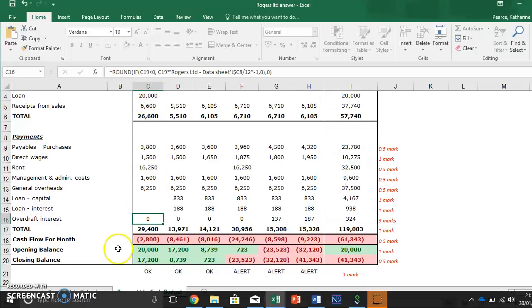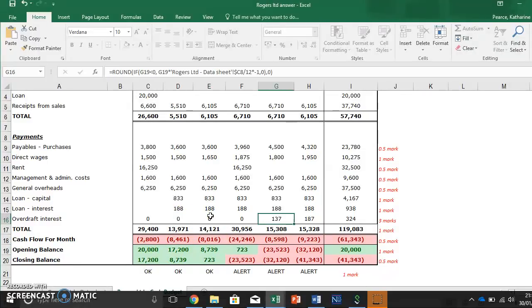So if we look in January, the previous month's balance was 20,000 positive, so there is no overdraft. If we look in February, January's closing balance was 17,200, so February's opening is 17,200, so there is no overdraft, and so on.